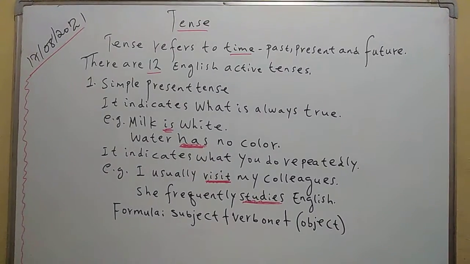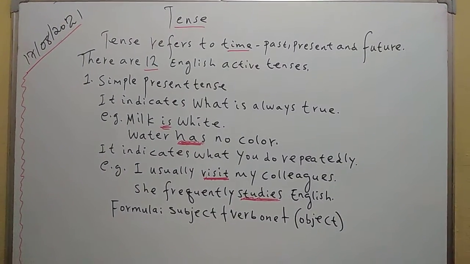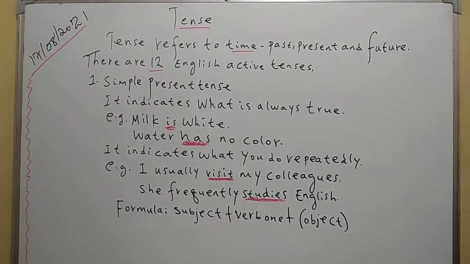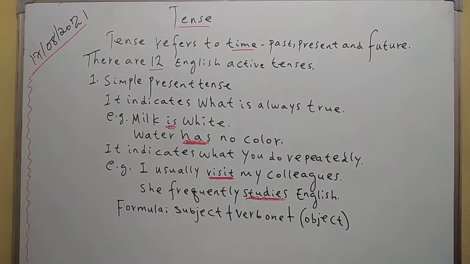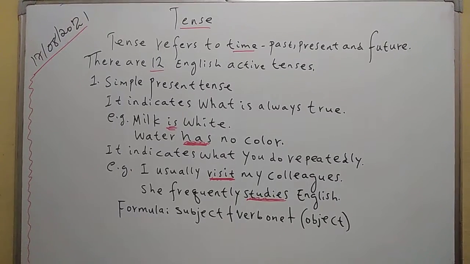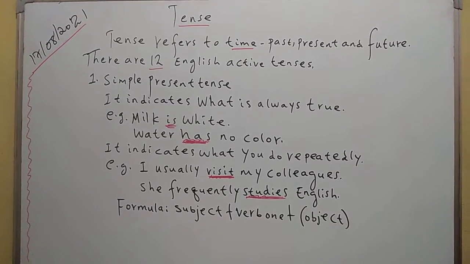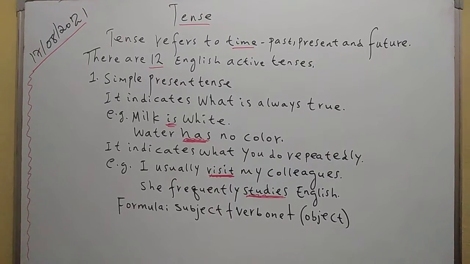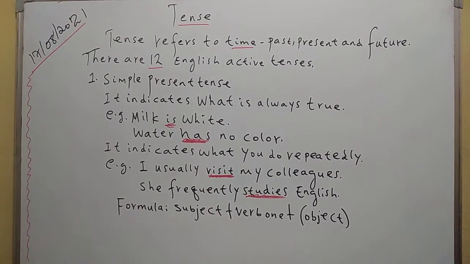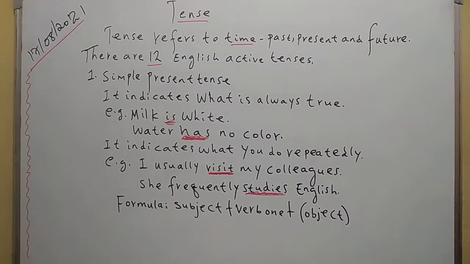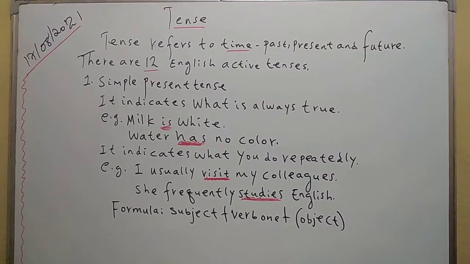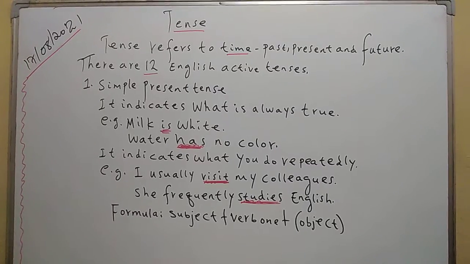Today we are going to discuss specifically simple present tense, which is one of the English active tenses. Normally there are 12 English active tenses. So one of them is simple present tense.